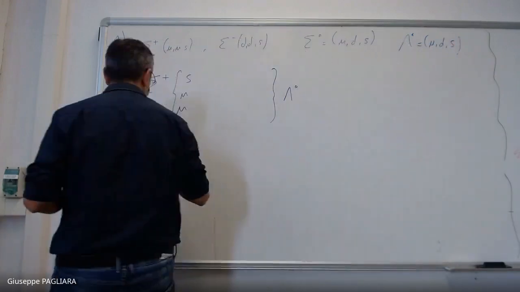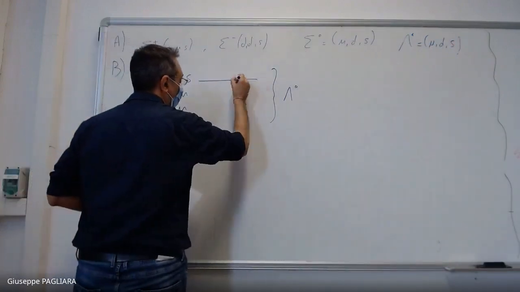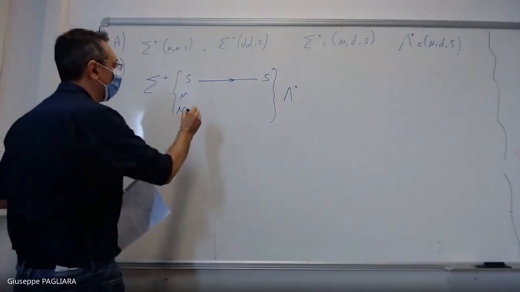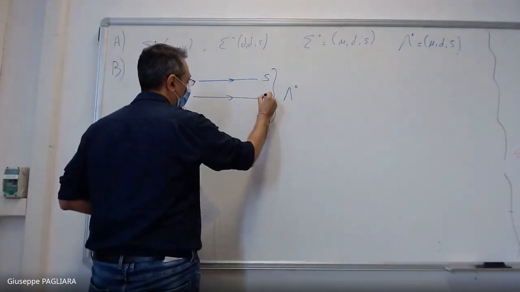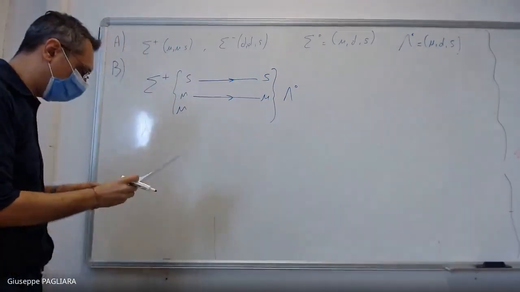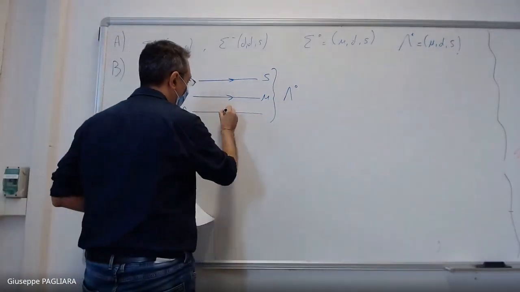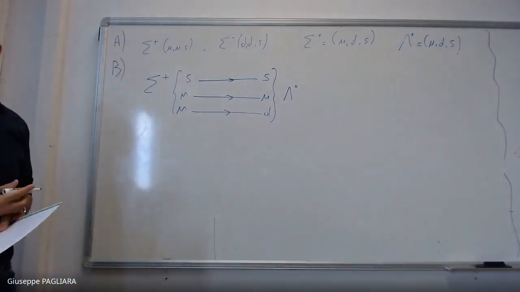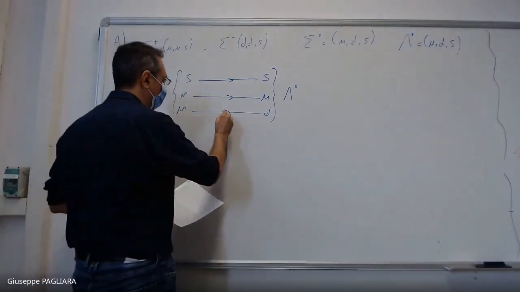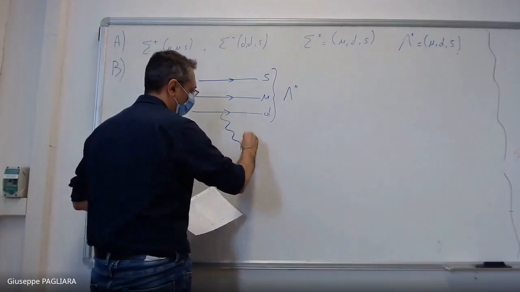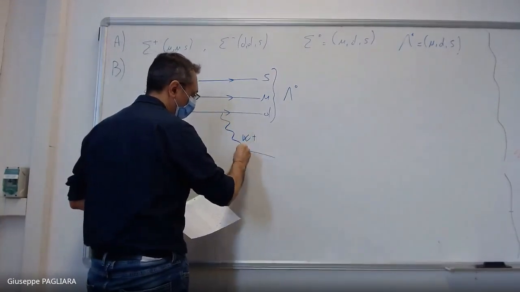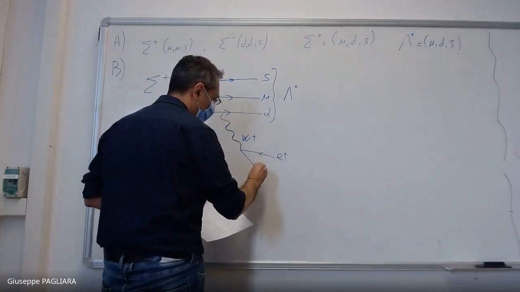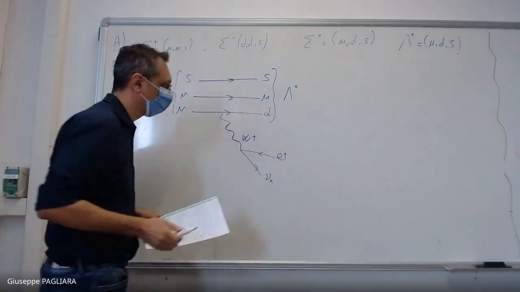So what happens is that the strange quark remains a strange quark, which is a spectator. The U quark remains a U quark, which is also a spectator. And then the other U quark becomes a D quark. Okay, so a weak process, with the exchange of the W plus, which then decays into the positron and the neutrino.